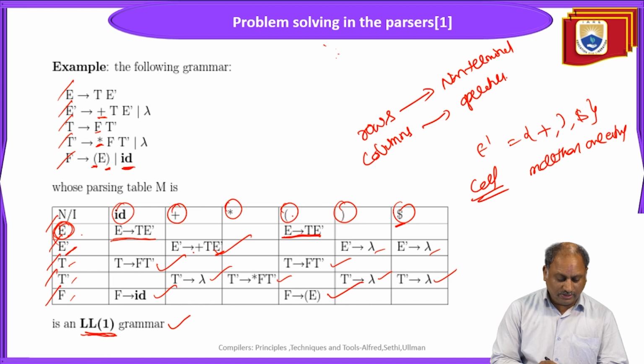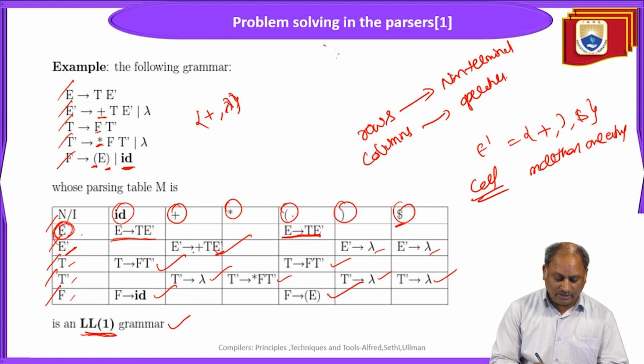So here first of E dash is plus and then epsilon. Lambda or epsilon, both are the same, so we can also write lambda or epsilon. So this is first of E dash: plus, right parenthesis, comma, right parenthesis, dollar. So here epsilon is there.